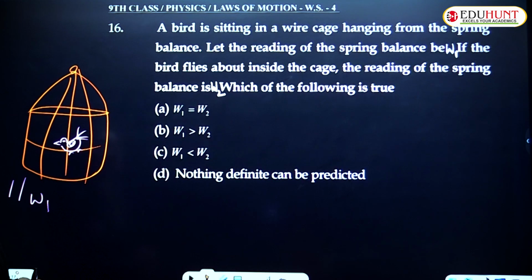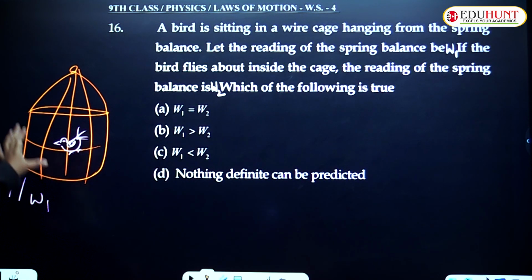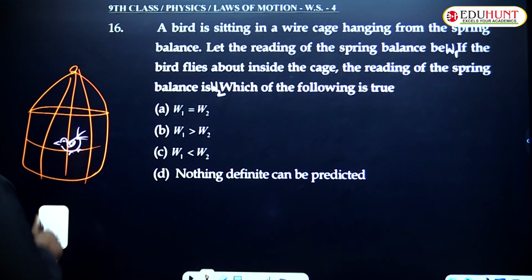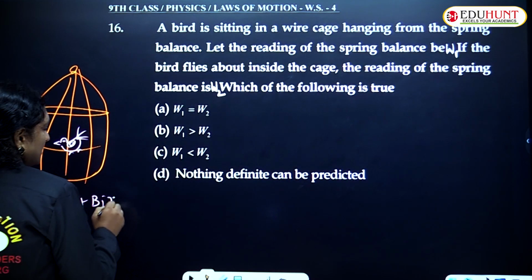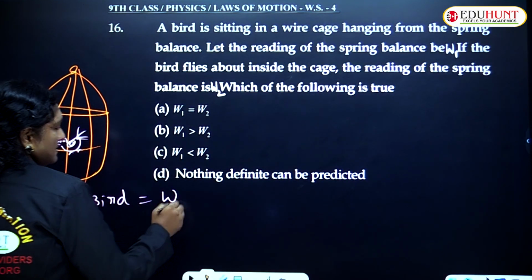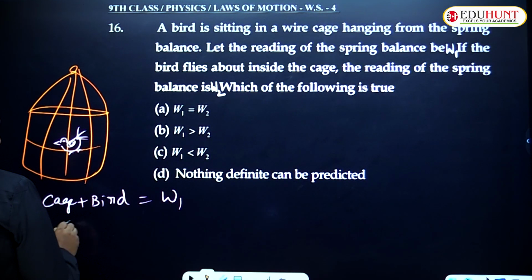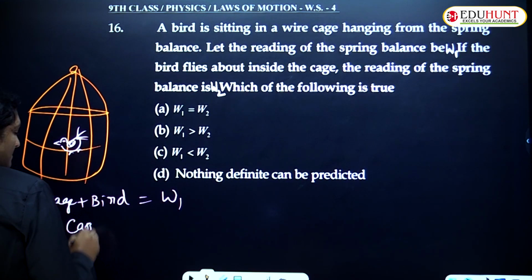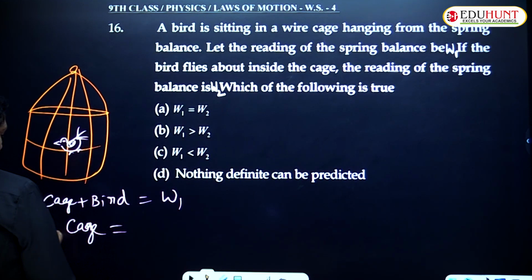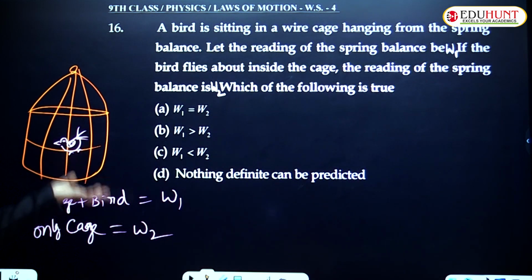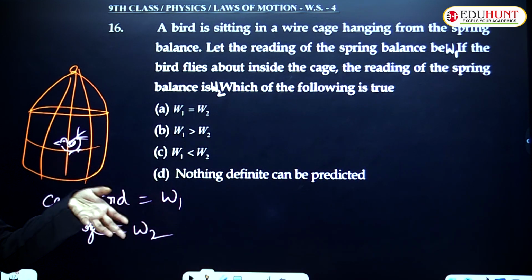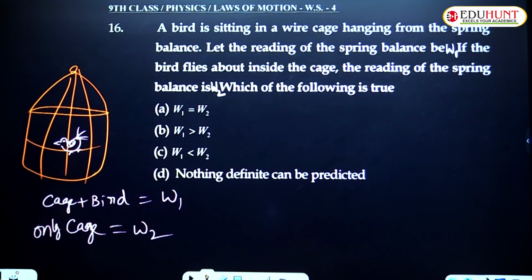The reading of the spring balance is W2. Okay. Cage with the bird is W1. Cage along with the bird mass is taken as W1. Now, when there is only the cage, it is W2. Because the bird is flying inside the cage, its weight is not acting on it.